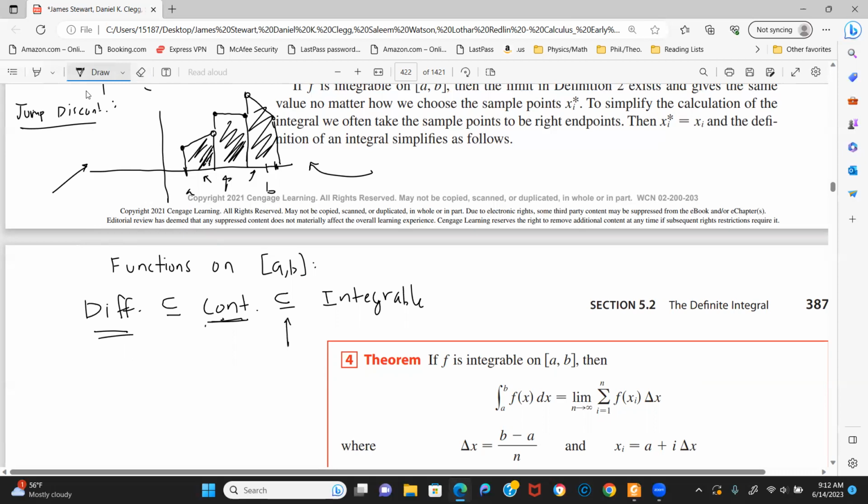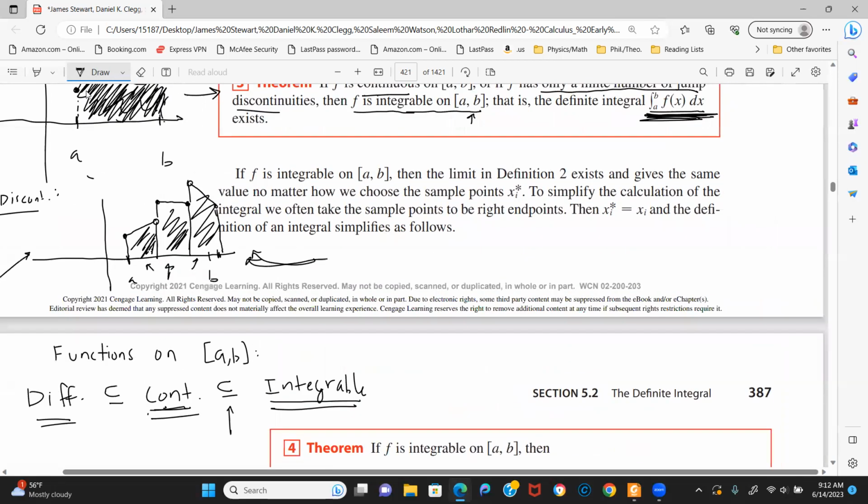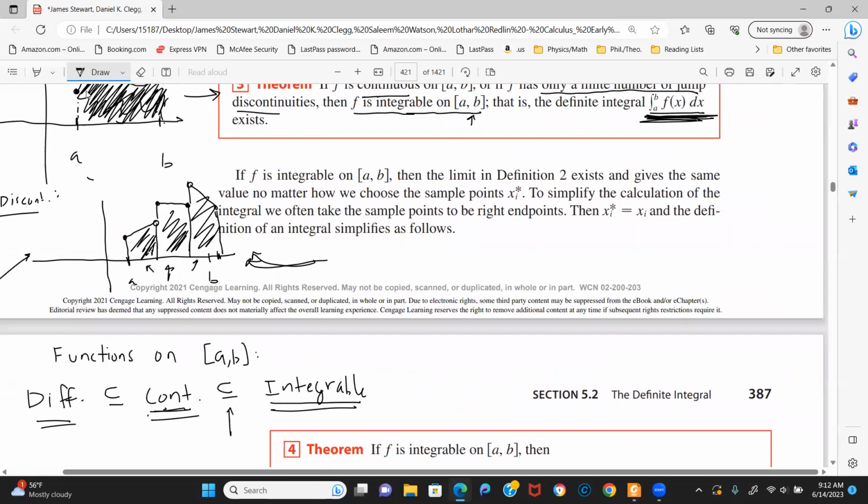But this inclusion right here is also proper, because we know there are integrable functions which are not continuous, for example this one where you have jump discontinuities. So the class of integrable functions is way bigger than the continuous functions, and hence way bigger than the differentiable functions. That's what makes integration a bit trickier, because this is like the Wild West.